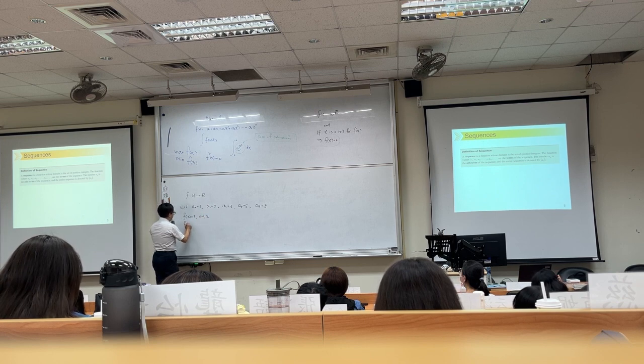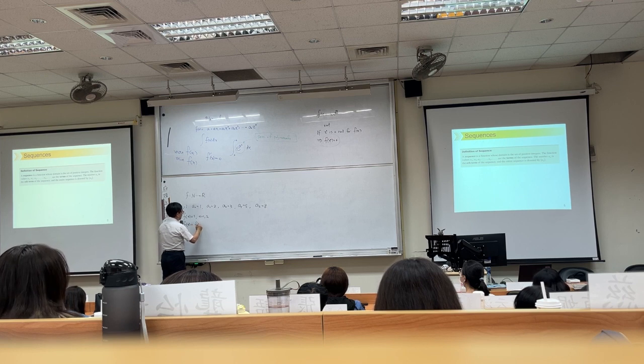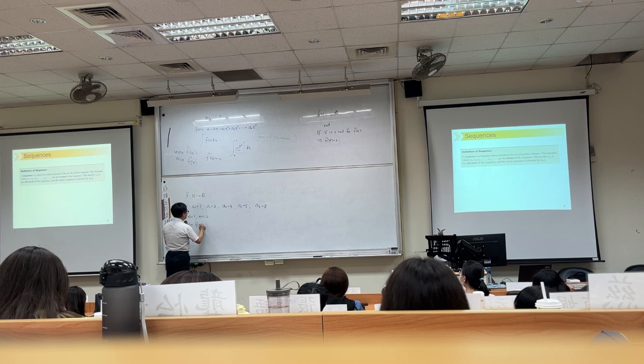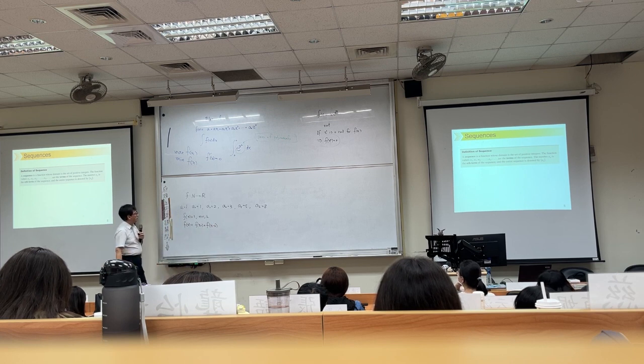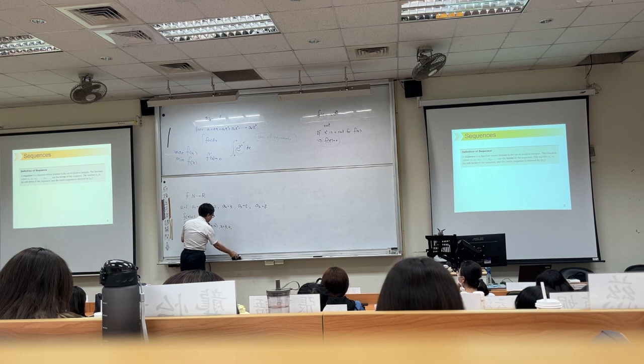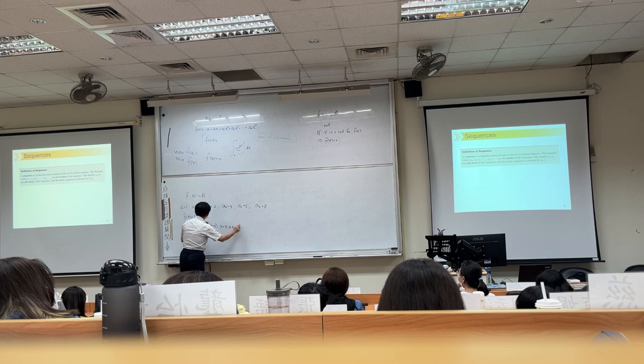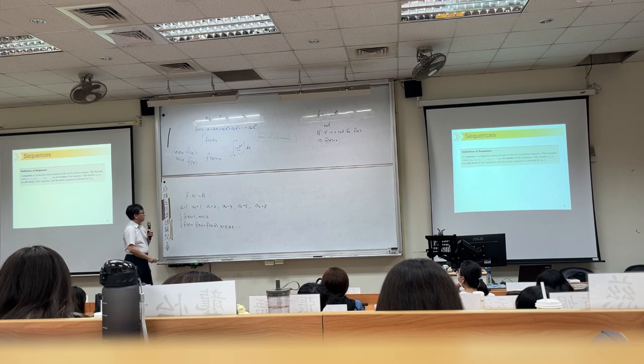Then f n is equal to f n minus 1 plus f n minus 2, for n equal to 3, 4, 5, and so on. And that will be a sequence.